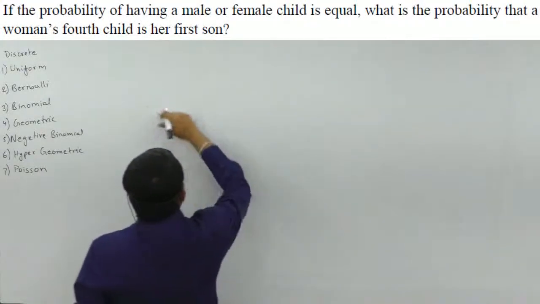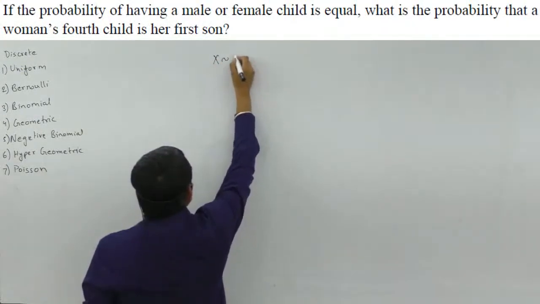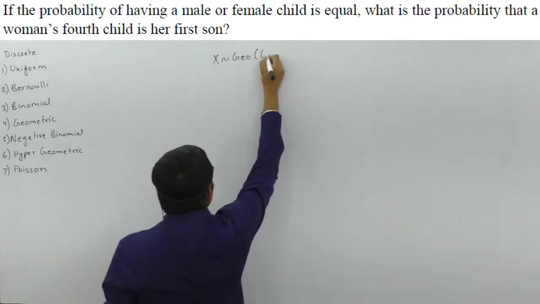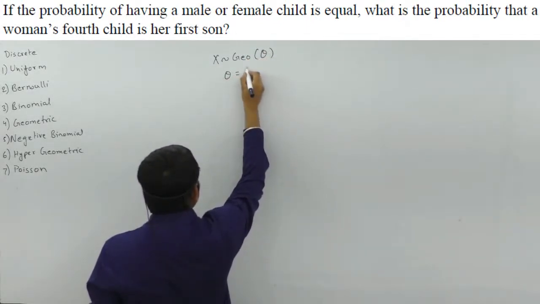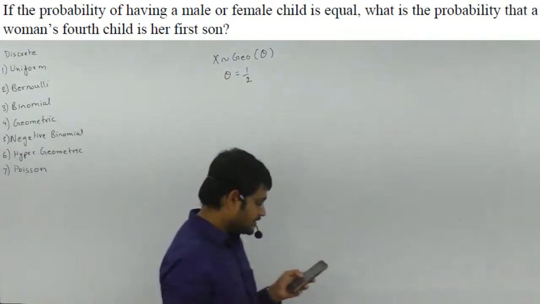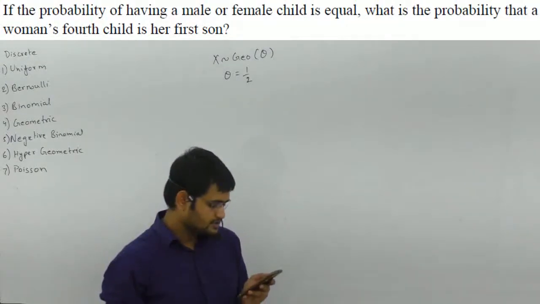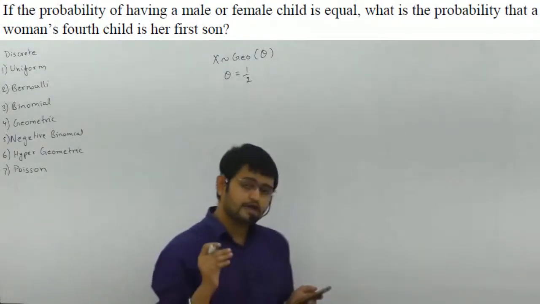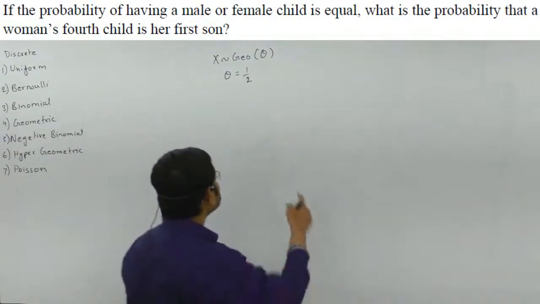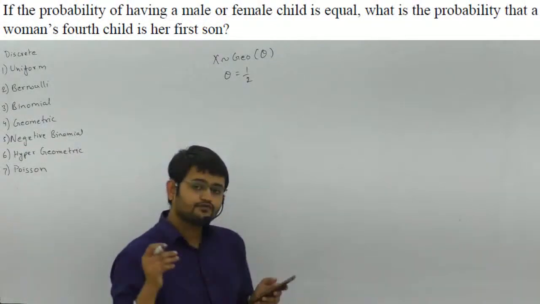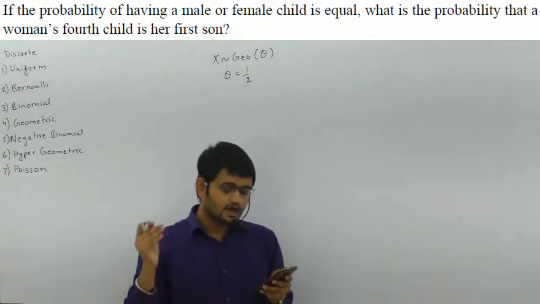Now we can easily say our X is following a geometric distribution with θ, where θ is nothing but half. Here we are going to assume that our success is having a son. So if the probability of having a male and female child is equal, therefore θ is half.